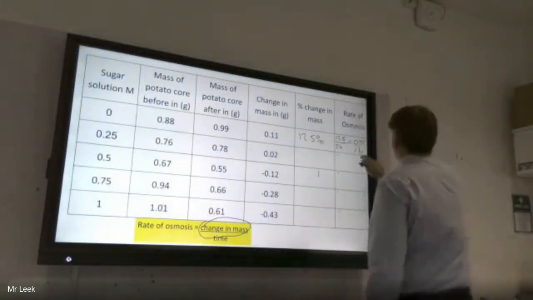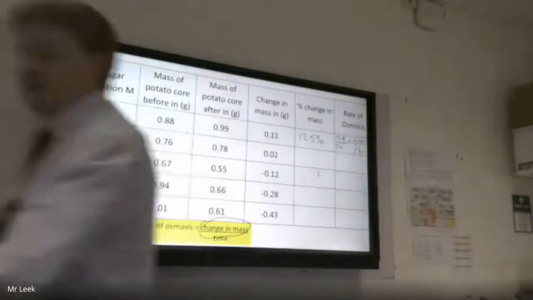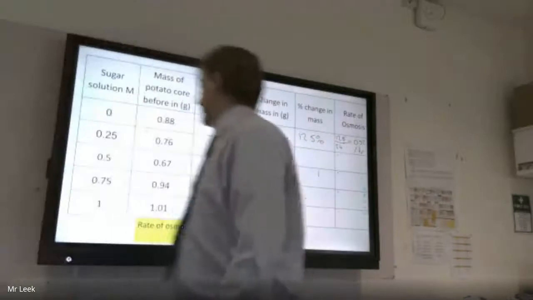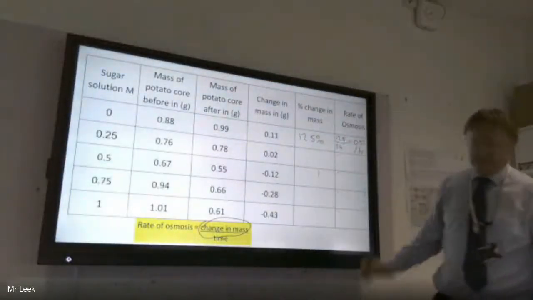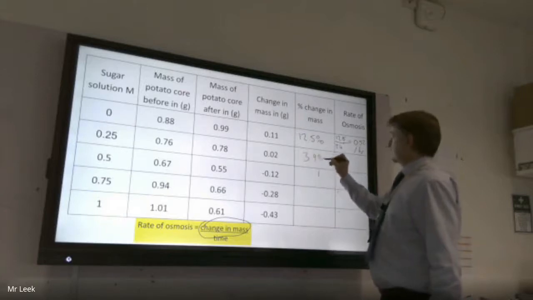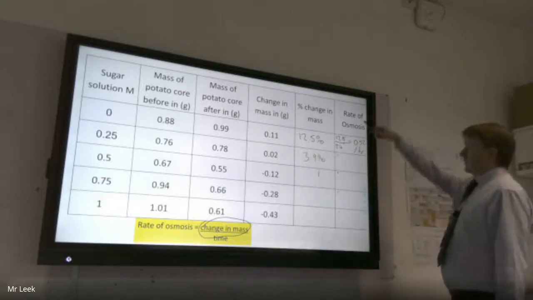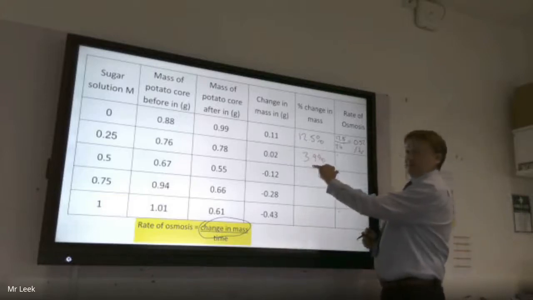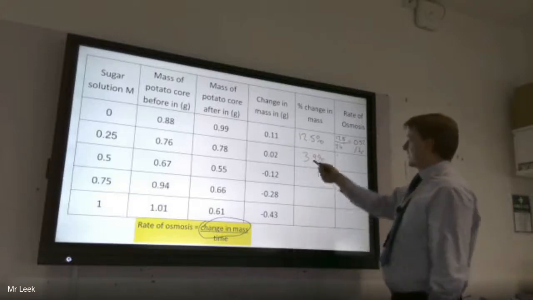Right, if I get to the next one, just on freeze at the moment. Okay, so we've got those results down there. That one there is 3.9%. To work out the rate of osmosis, you're doing the change in mass, so this is to find out how fast osmosis actually is.